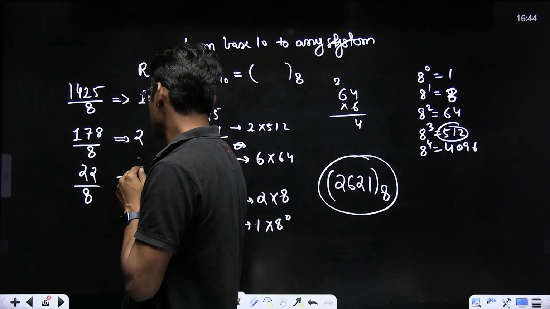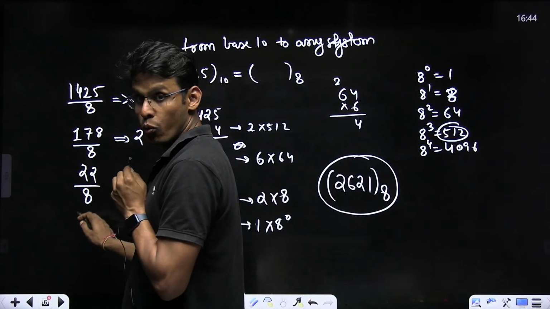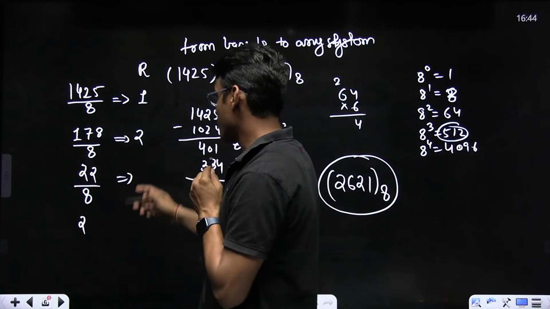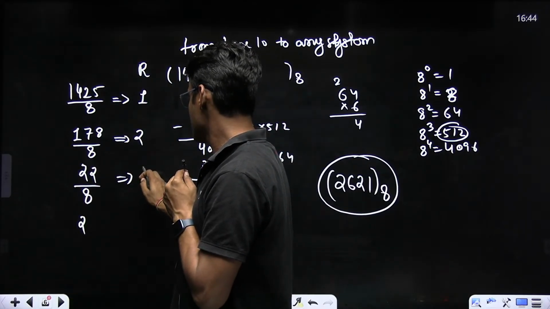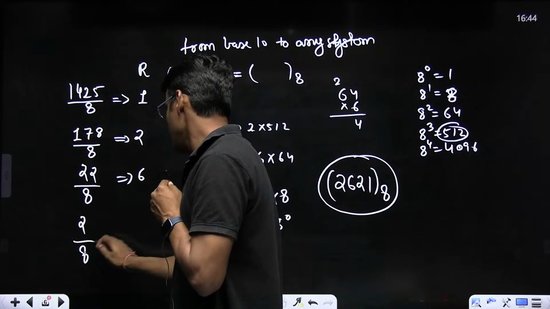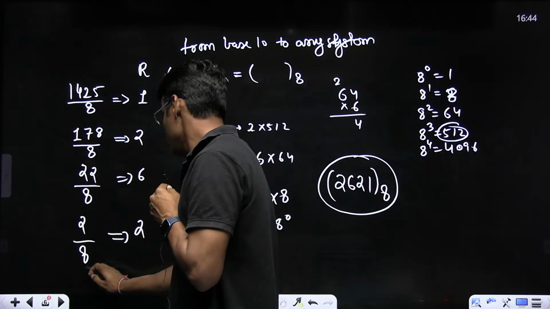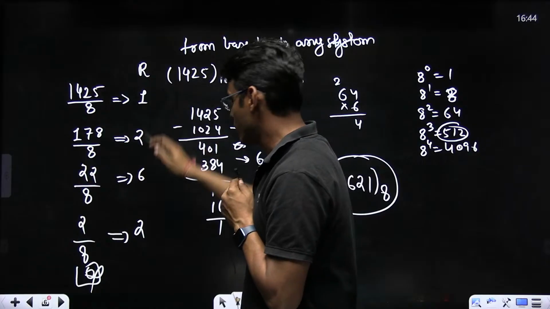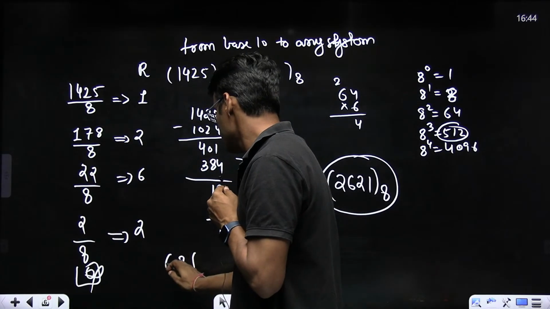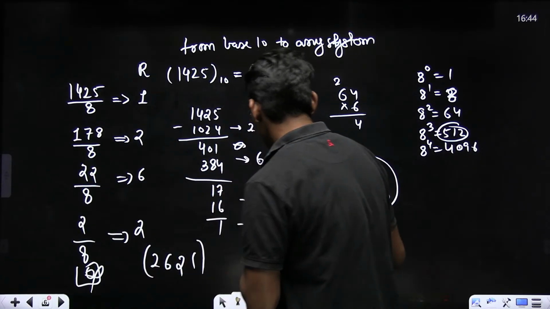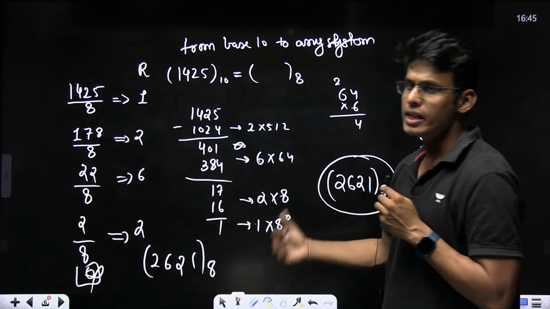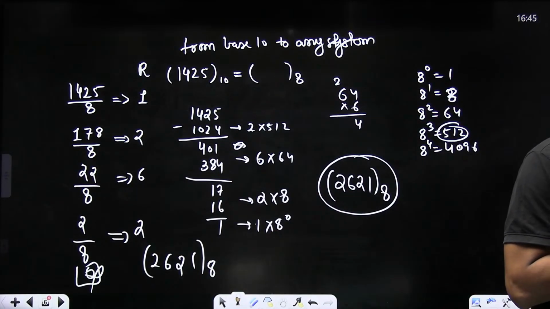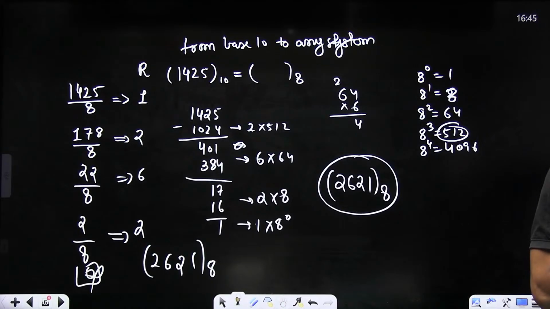Again divide by 8: quotient 2, remainder 6. Then final remainder is 2. Once you get the quotient 0, stop. And then write in reverse: 2, 6, 2, 1. Are you getting the same answer? 2621. Rachit is saying, sir, 2621 is my answer, which is correct.